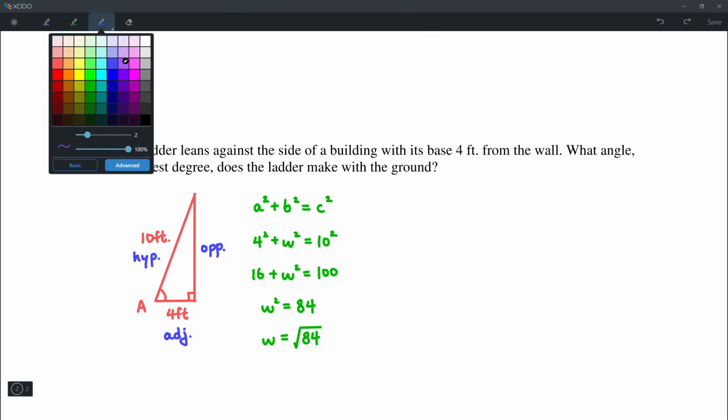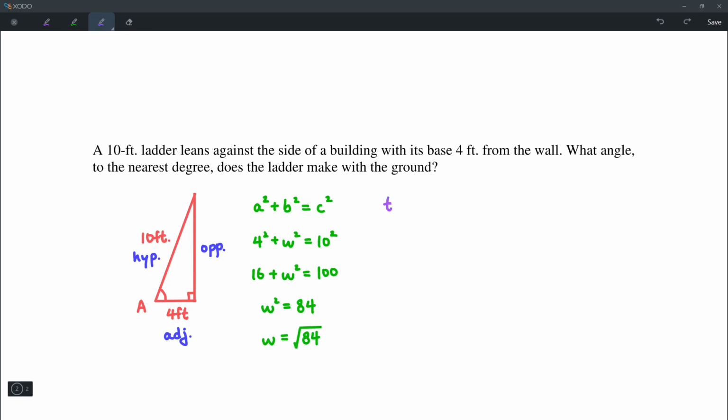In the next step, what we're going to do is go tangent A is equal to the opposite, which we just found to be the square root of 84, divided by the adjacent side, which is 4.